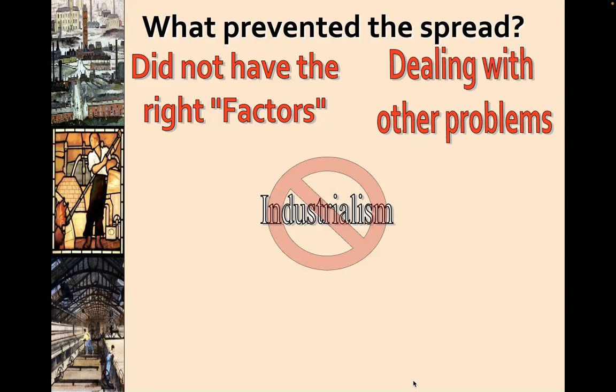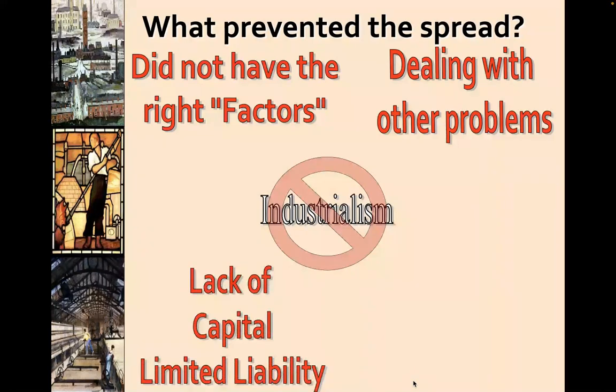Secondly, all these areas are dealing with other problems, meaning that the French are dealing with their revolution and Napoleon. Germany doesn't even exist yet and is still basically dealing with the Napoleonic Wars. And the United States is simply just trying to make itself into a nation. The biggest thing that prevented industrialization before 1815 was the lack of capital, money.